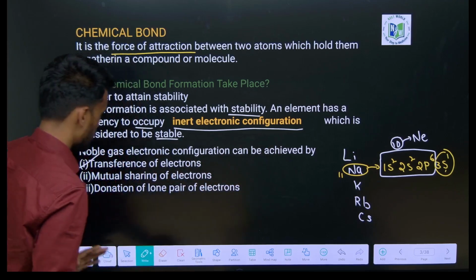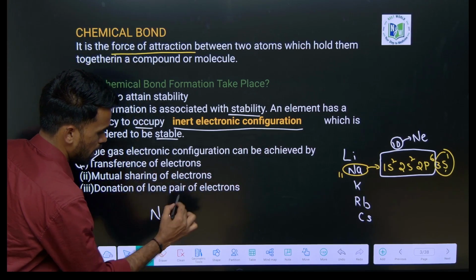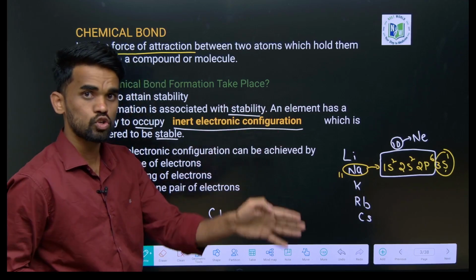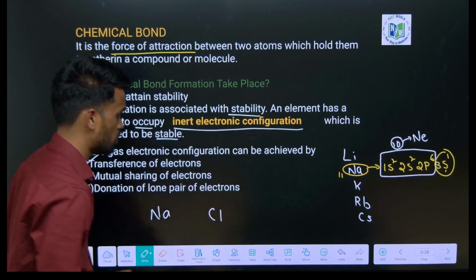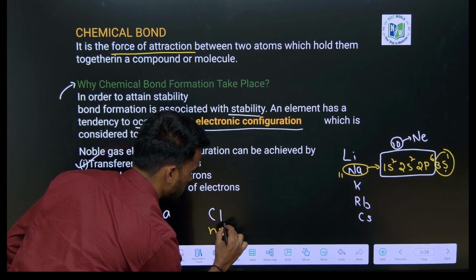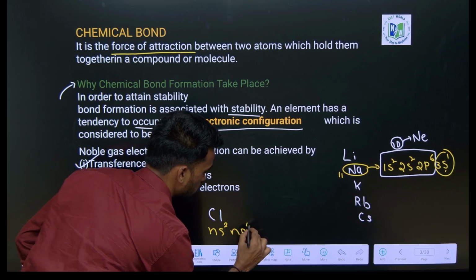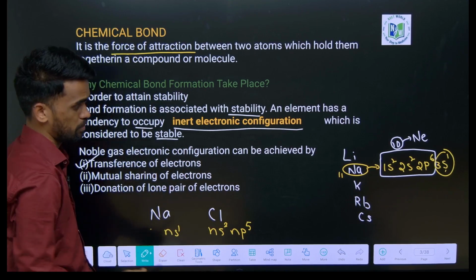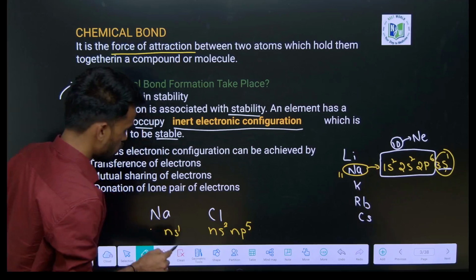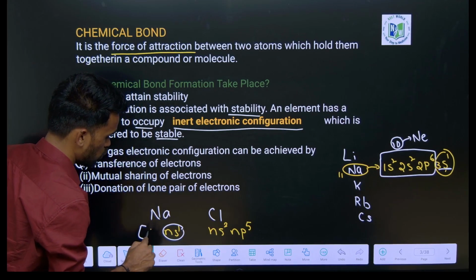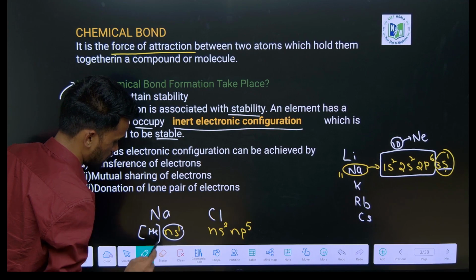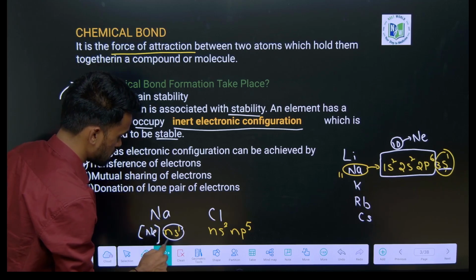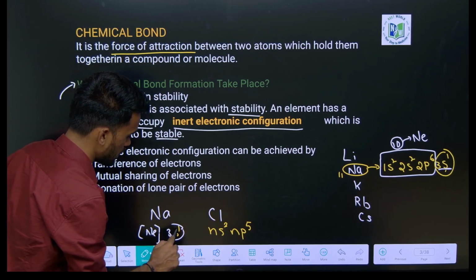Now, for example, let us say we have a metal like sodium and a non-metal like chlorine. Halogens, the 17th group elements, what is the electronic configuration they have? In general we can write it as ns2 np5, right? And for sodium it is the ns1 electronic configuration. By losing this electron, like the noble gas neon, the next is 3s1.